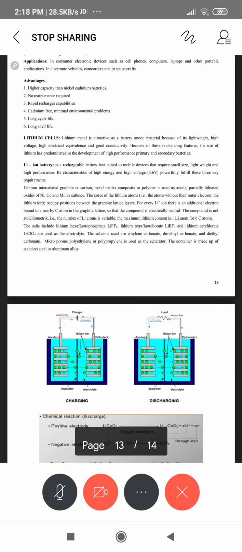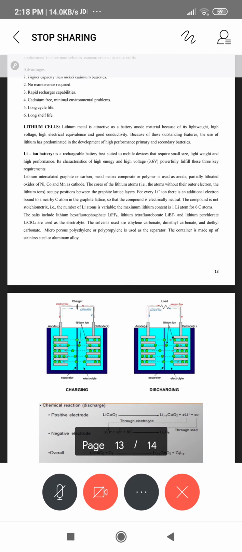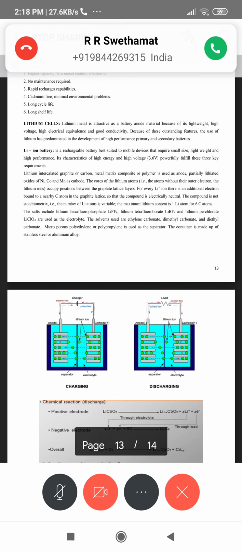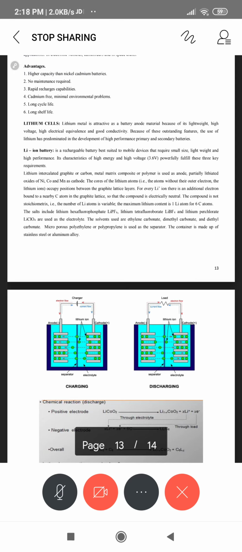Between these is fixed a separator made of polyethylene sheets, completely covered by coating, and lithium hexafluorophosphate (LiPF6) is used as the electrolyte. So everything is fixed.